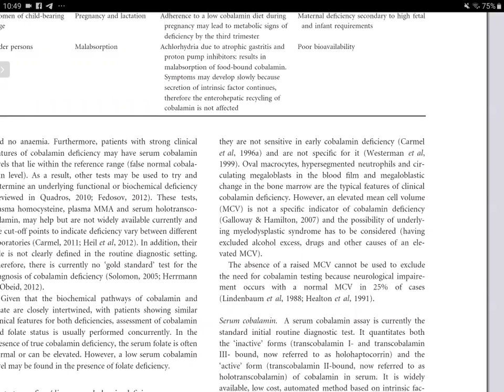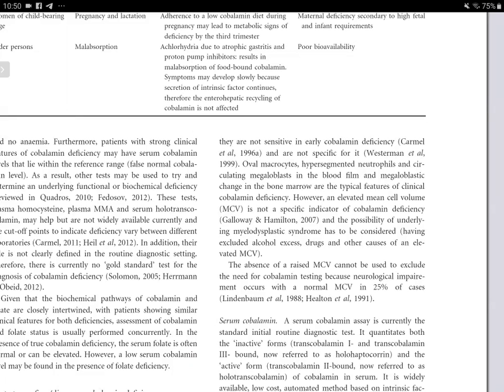At that level, we do not know much. These findings cannot be very sensitive in early cobalamin deficiency, and are not specific for it either. Oval macrocytes, hypersegmented neutrophils, circulating megaloblasts in the blood film and megaloblastic changes in the bone marrow are the typical findings of clinical cobalamin deficiency.